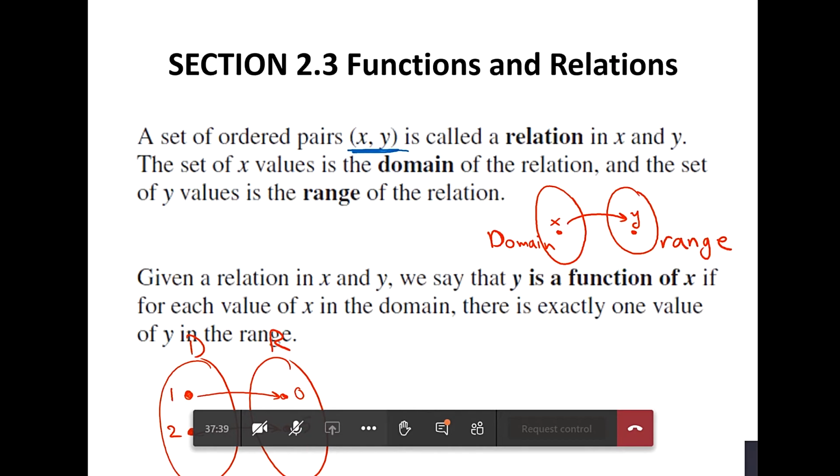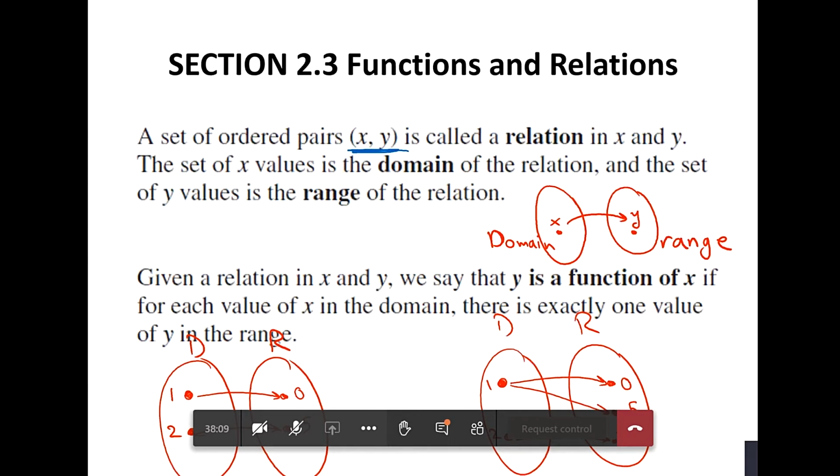This is a function. Now if 1 connects with 0 and also with 5, and 2 connects with 7, this is not a function.